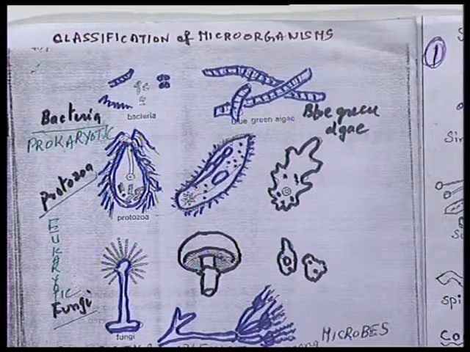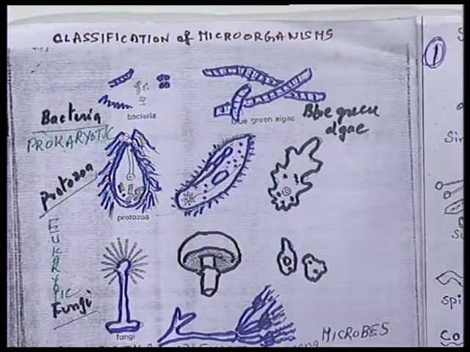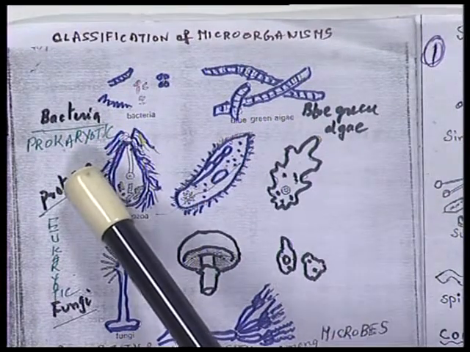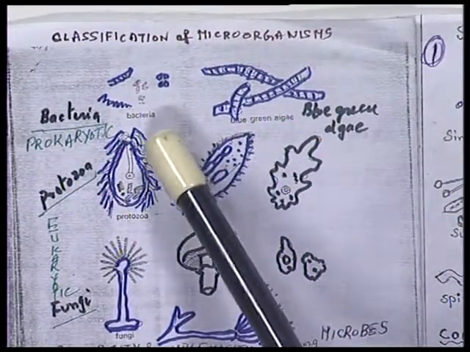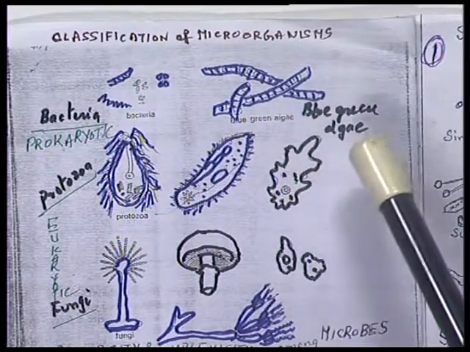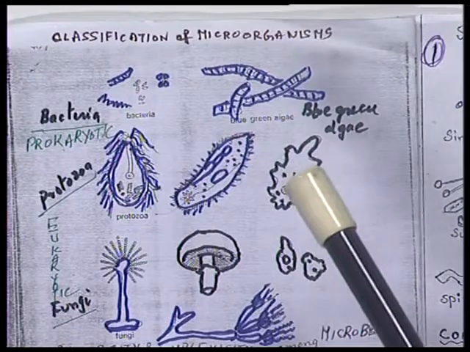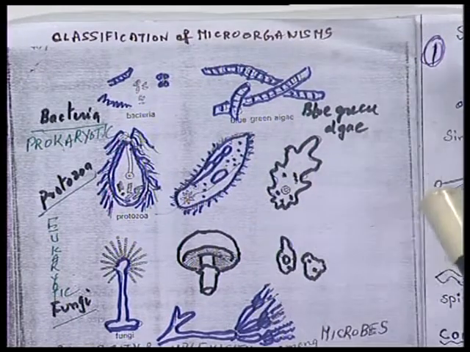In this chart you will find the various classification of microorganisms. As you can see, bacteria are prokaryotes. So you have the bacillus and you have the blue-green algae. As you know, prokaryotes are simple in structure, whereas eukaryotes have got complex structure.